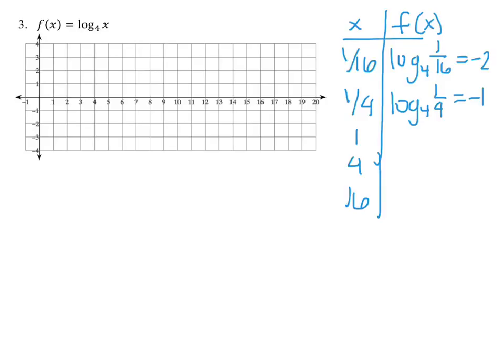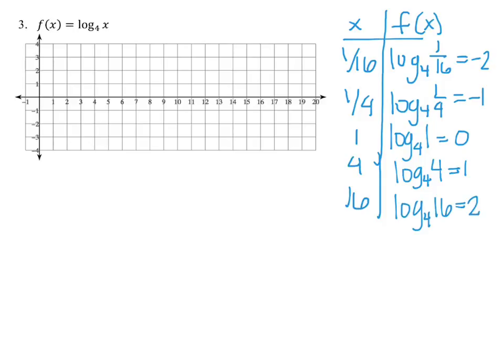It's -1. What is log base 4 of 1? It's equal to 0. Log base 4 of 4 is equal to 1. And log base 4 of 16 is equal to 2.